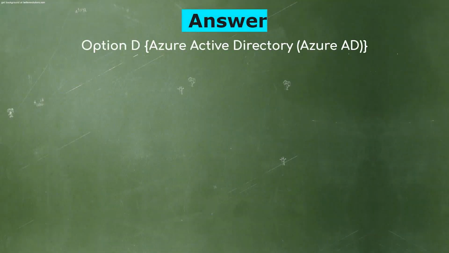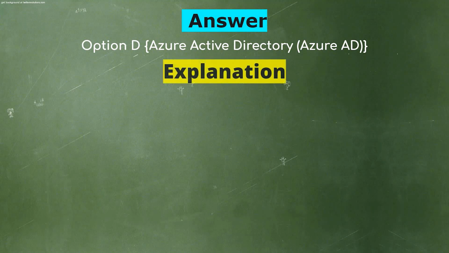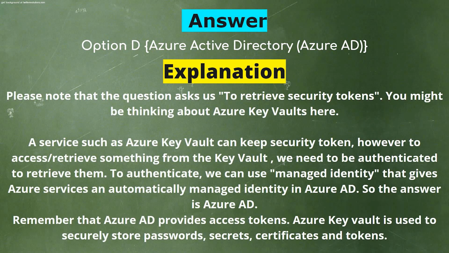Azure Active Directory. Explanation. Please note that the question asks us to retrieve security tokens. You might be thinking about Azure Key Vaults here. A service such as Azure Key Vault can keep security tokens. However, to access or retrieve something from the Key Vault, we need to be authenticated.